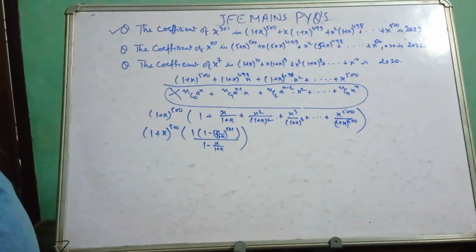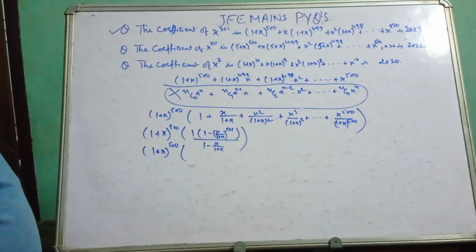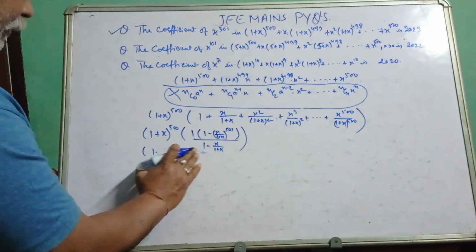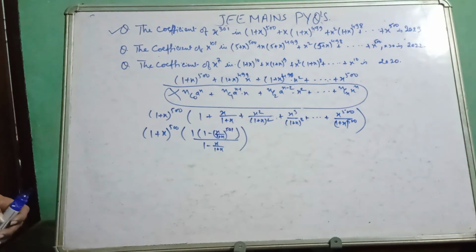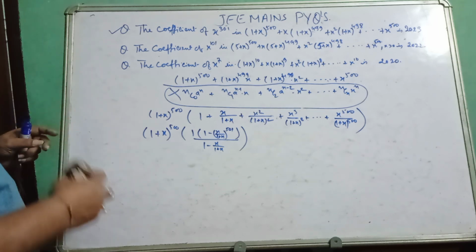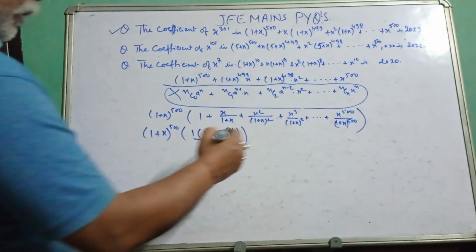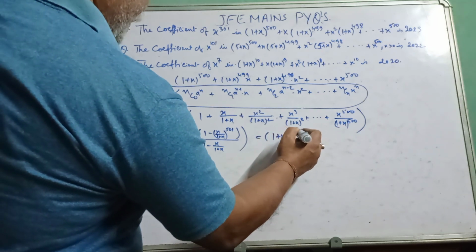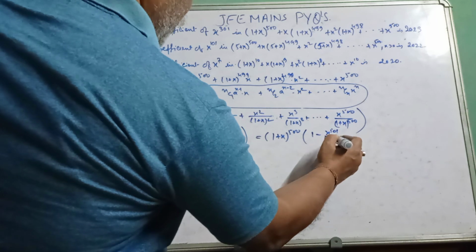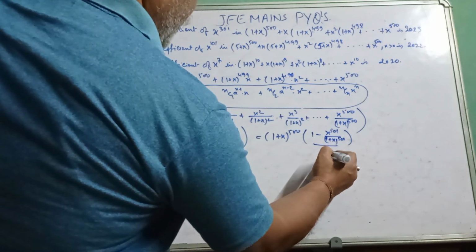So here this will be 1 plus x to the power of 500, and this will be 1 minus x by 1 plus x to the power of 501, divided by 1 plus x minus x, so this will be 1 by 1 plus x.